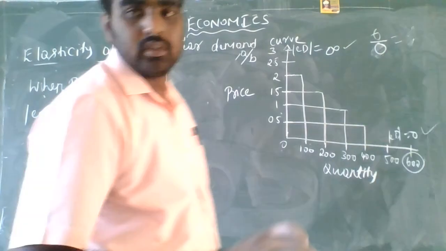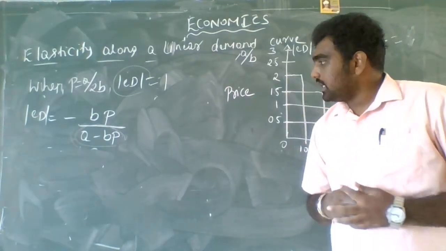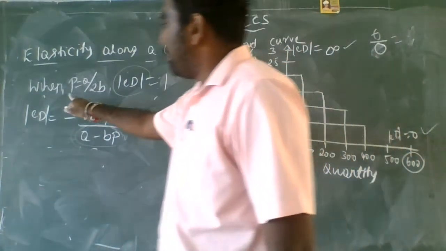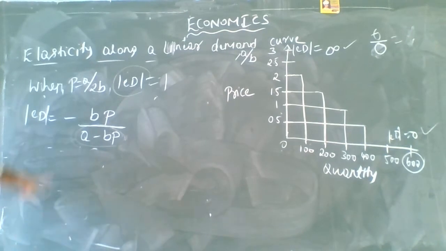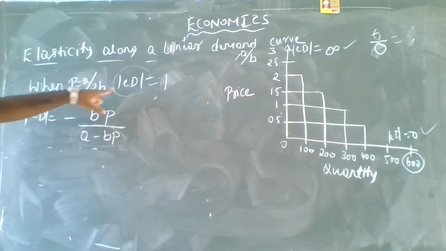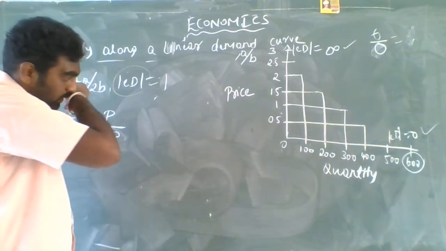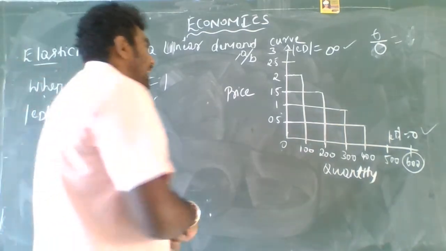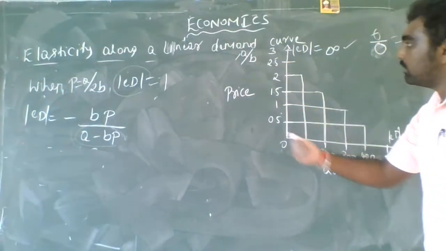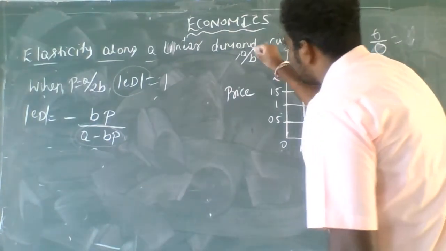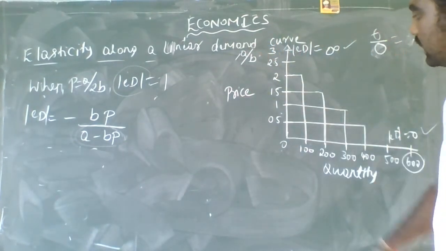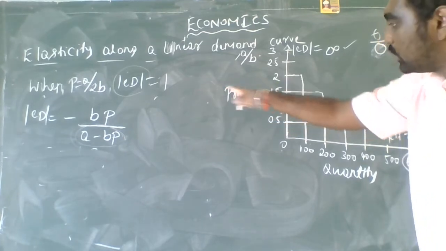The next condition is when P equals A divided by 2B, the elasticity of demand is equal to 1. As we are understanding through the numerical example, you need to understand at which price A divided by 2B is lying.